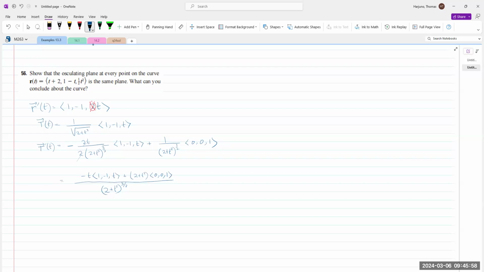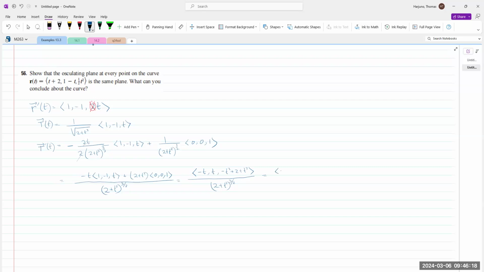Now that will simplify to negative t, positive t, negative t squared plus 2 plus t squared, on the denominator 2 plus t squared to the power of 3 halves.